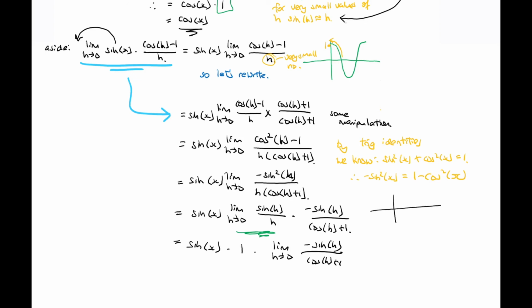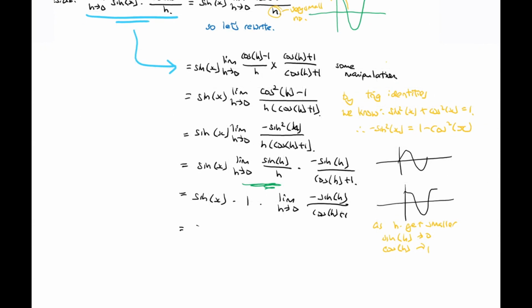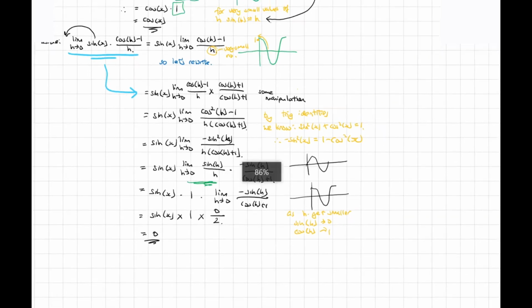Now we need to evaluate it. So we have a sine graph and a cosine graph. As h approaches 0 or gets smaller, sine of h approaches 0, from the graph above, and cos of h approaches 1. By putting in those values, I get sine x times 1 times 0 divided by 2. And obviously that gives you 0. Therefore that limit is 0.